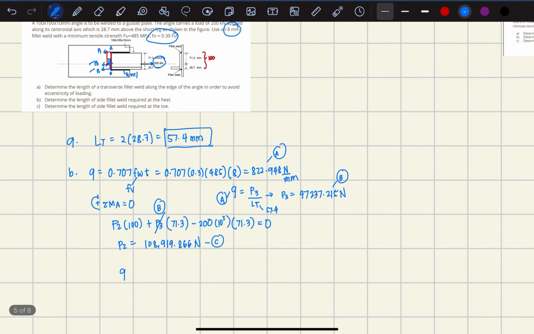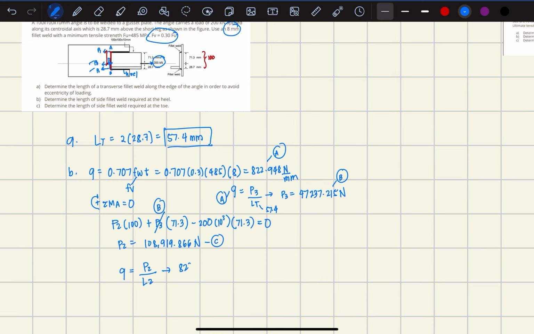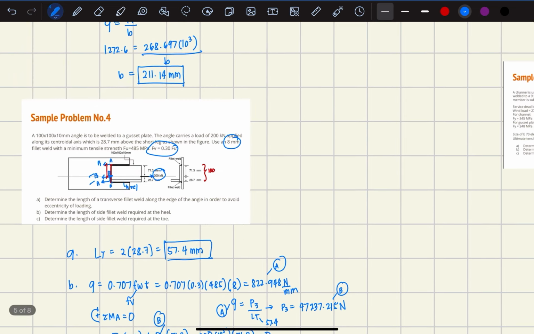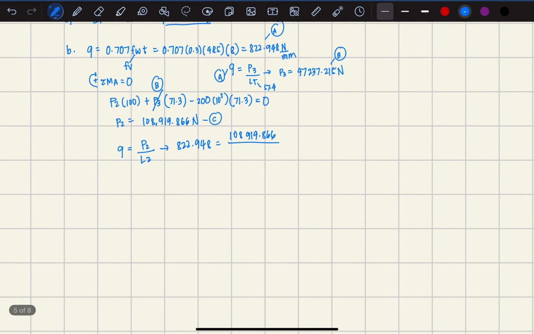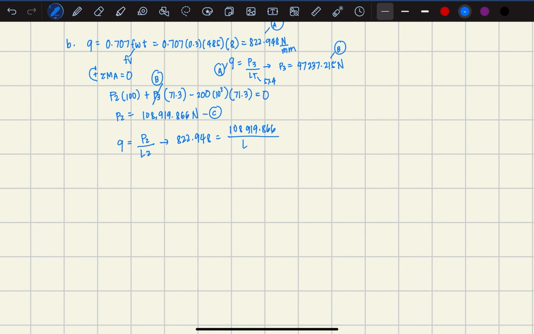Let's use again Q equal to P2 over the length of the heel. Our Q is the stored value in A, 822.948, equals our P2 in C, 108,919.866, over the unknown length of the fillet weld at the heel.